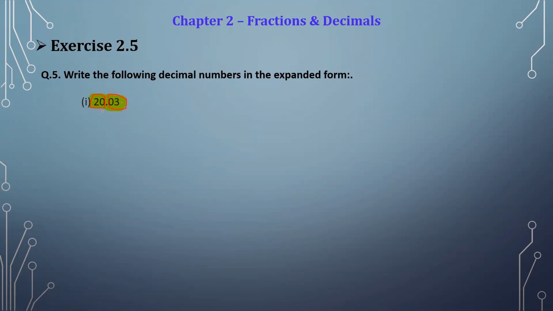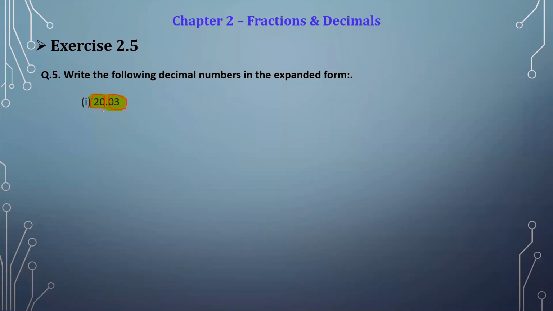That means we are adding the th word after the position, and in the case of the integral part we are adding s only. Suppose 10, we use tens in the case of the integral part, and in the case of the decimal part we use th, that means 10 is referred to as the tenth position.